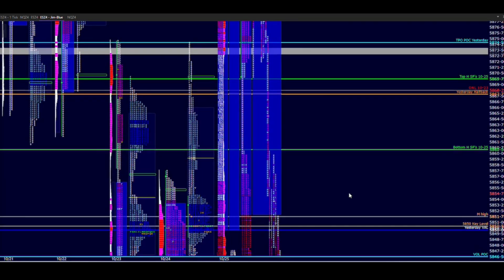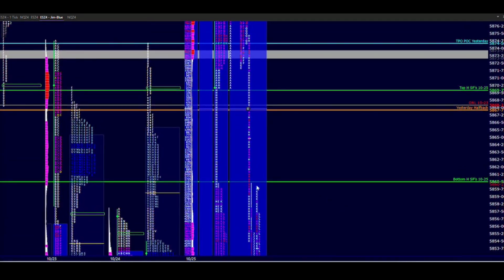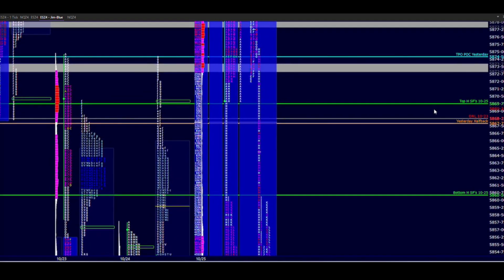So I think just going with the framework that this distribution in ES from H period that starts at 5860.5 and closes at 5869.75 will let you know what direction the continuous two-way auction is headed.